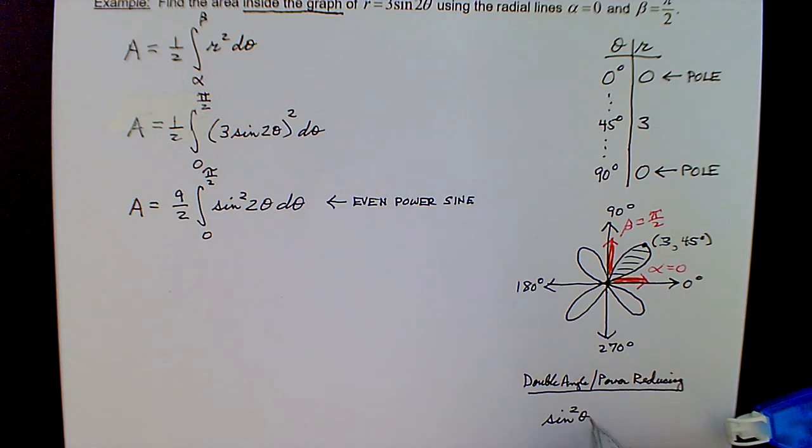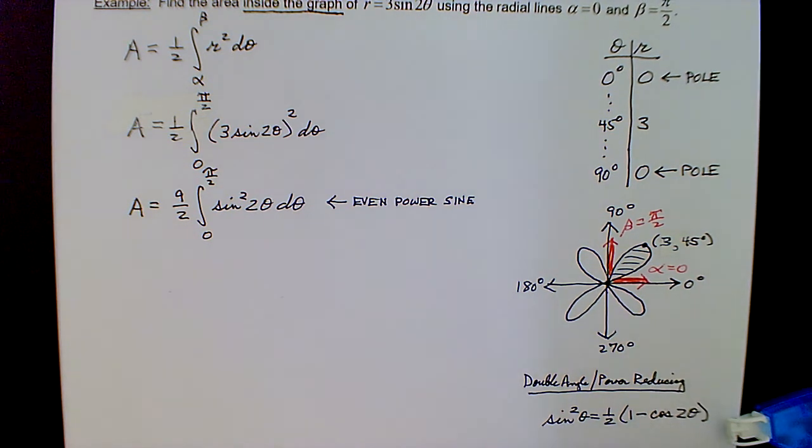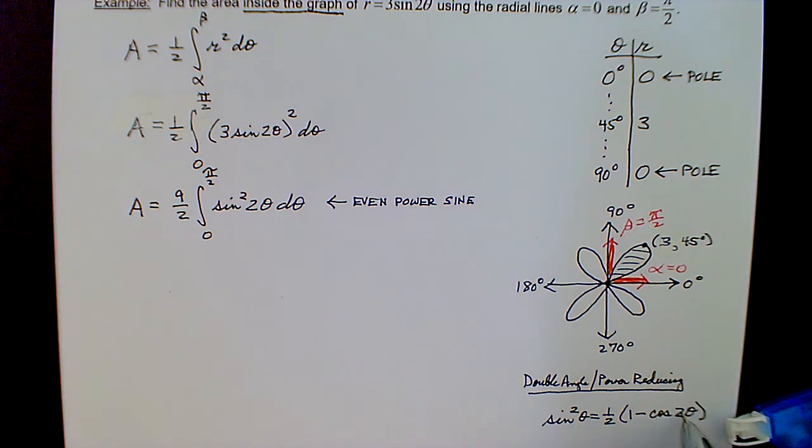And we have 2 of them. For sine squared of theta, it's 1/2 times 1 minus cosine of 2 theta. So recall this from exam 3, where the angle is doubled and the power is reduced. And then we do have one for cosine squared theta as well: 1/2 times 1 plus cosine 2 theta.